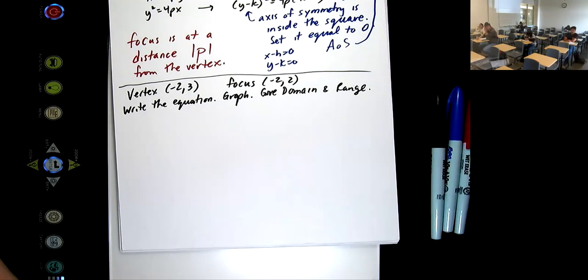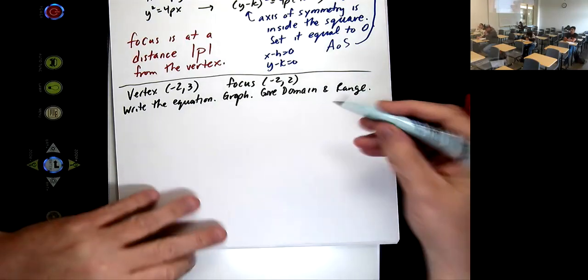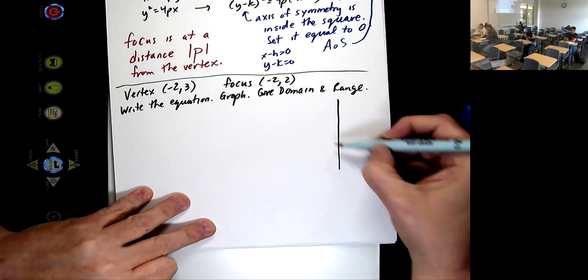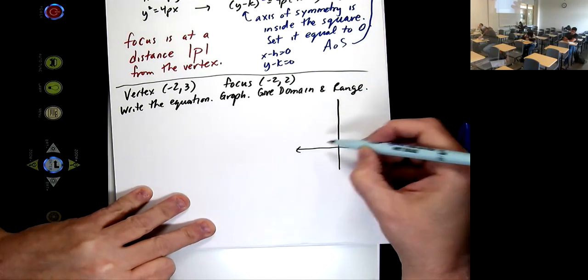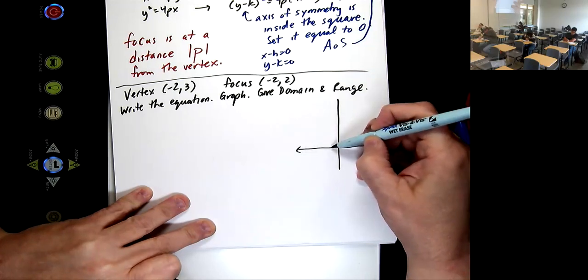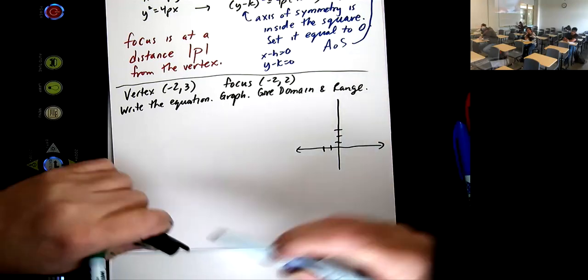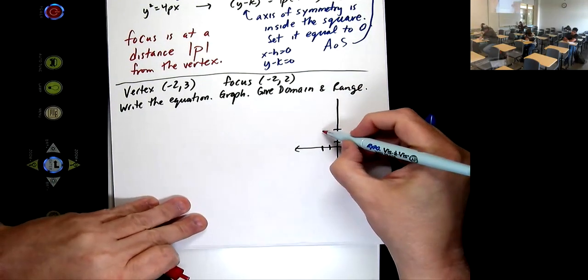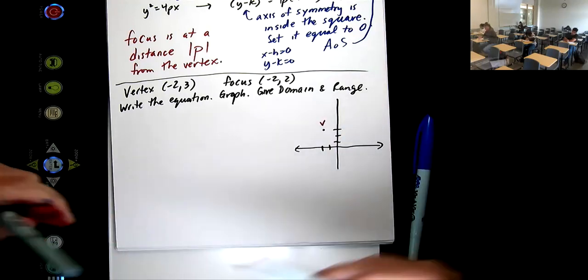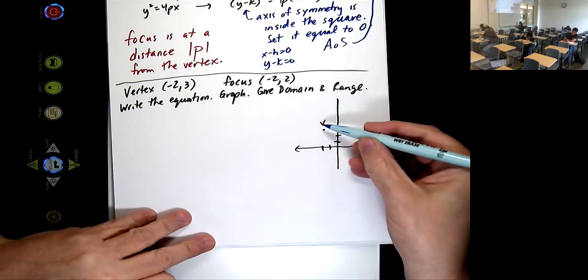So what are we going to do? Let's put some points on the graph. I think I can see a little better what's going on if I graph it. So my vertex is at (-2, 3), and my focus is at (-2, 2).